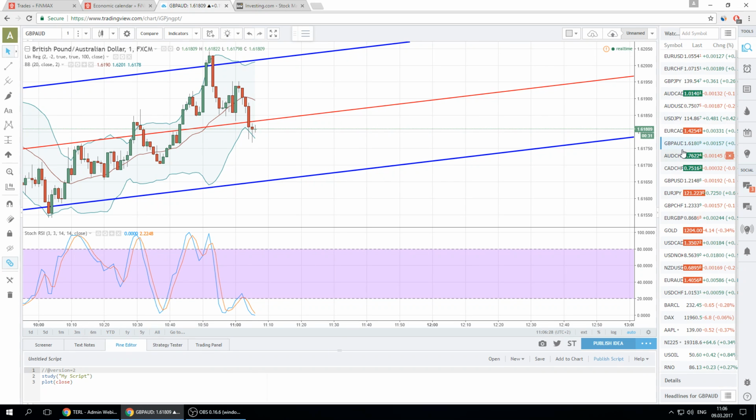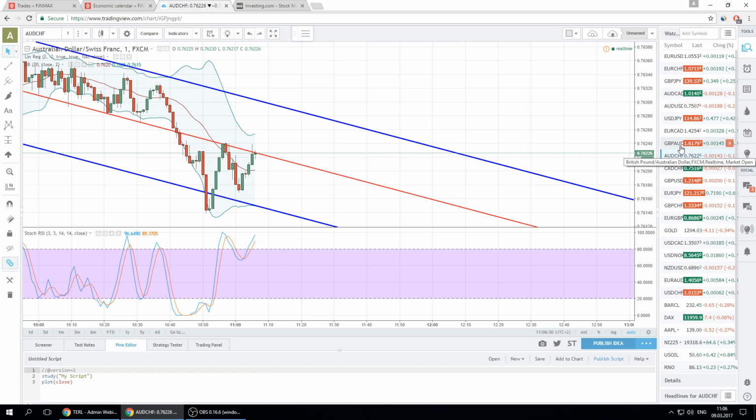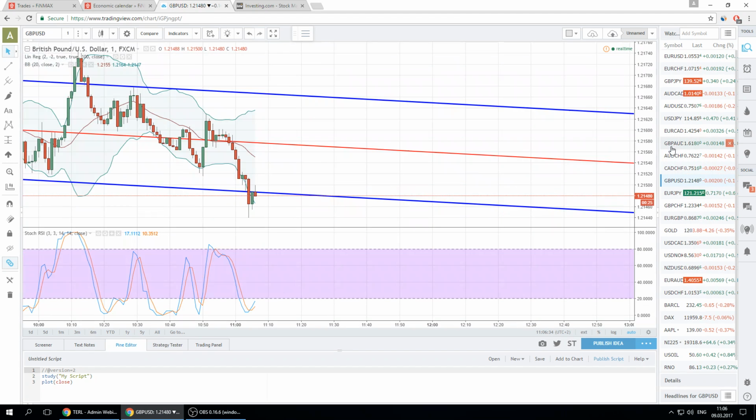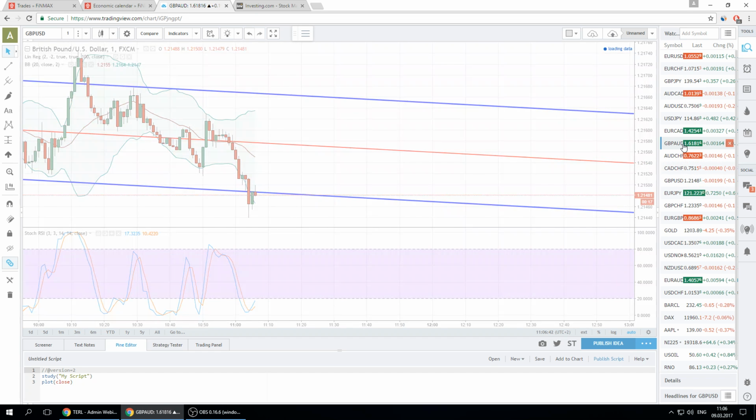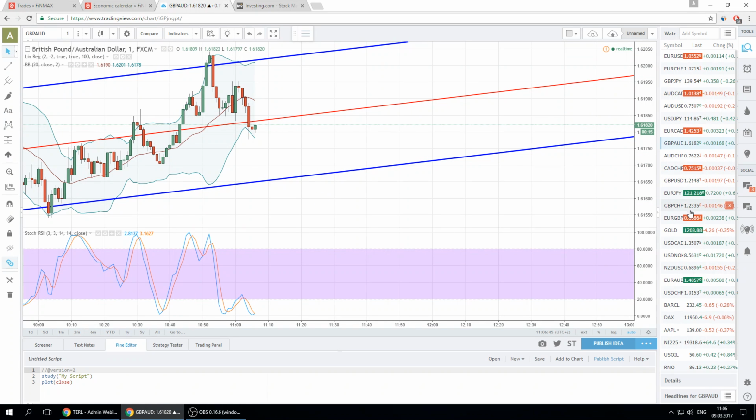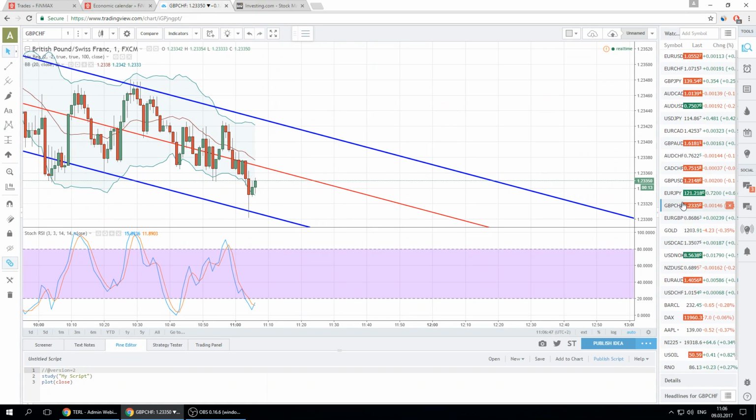I would hold. Pretty interesting situation here. Let's compare it to what we see. Okay, let's enter GBP CHF for the short term.